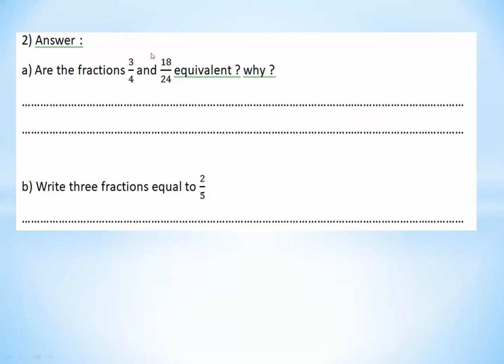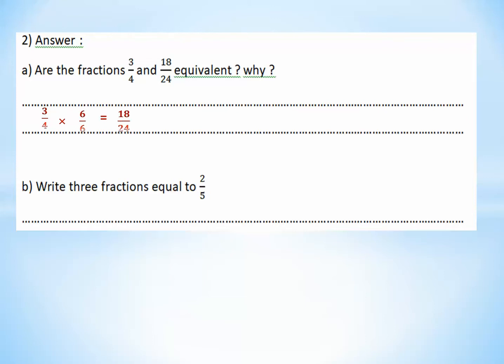Here we must use multiply or divide. 3 becomes 18, so it is increasing, so we are going to multiply. 3 times what equals 18? 3 times 6. If we multiply the numerator by a number, we must multiply the denominator by the same number. So 4 times 6 equals 24. So 3 over 4 times 6 over 6 equals 18 over 24. So they are equal.